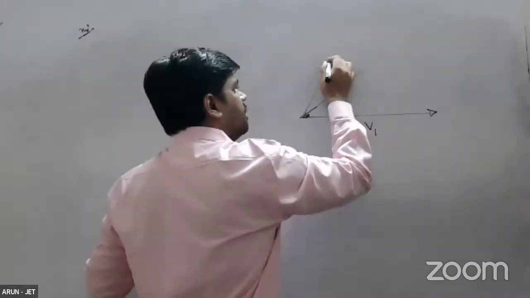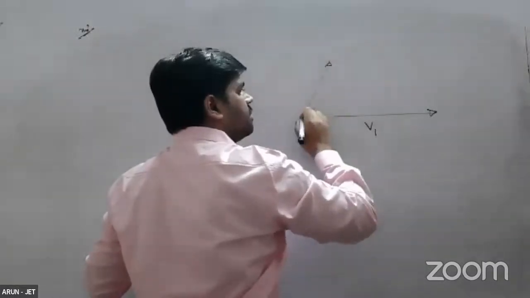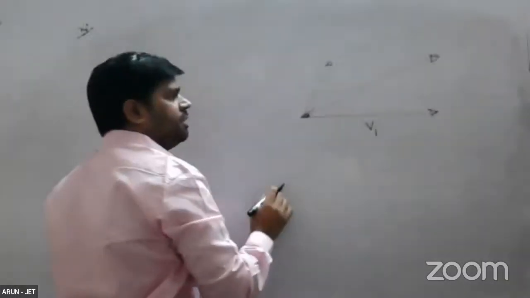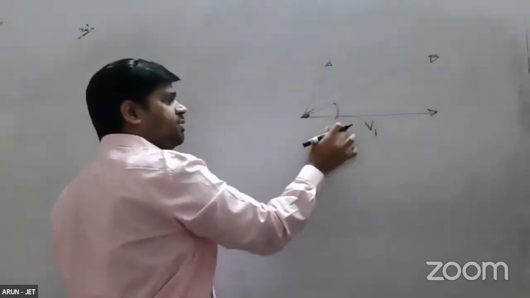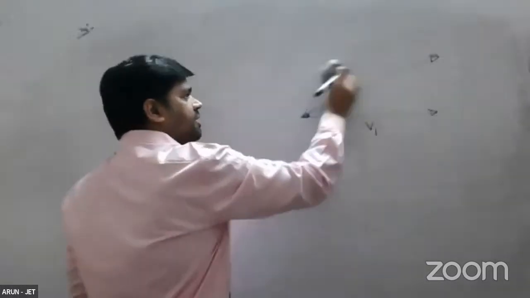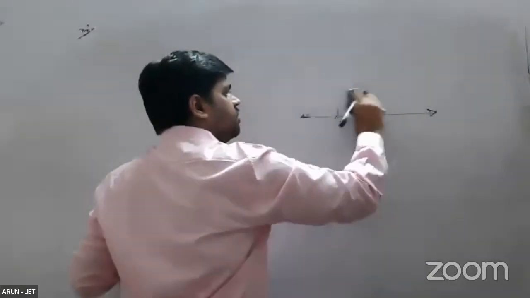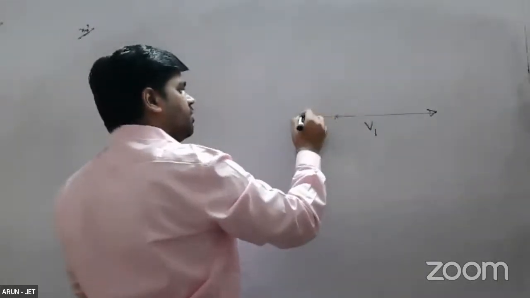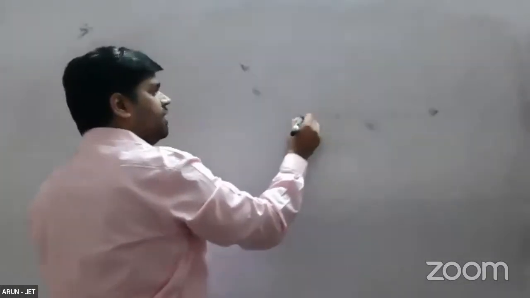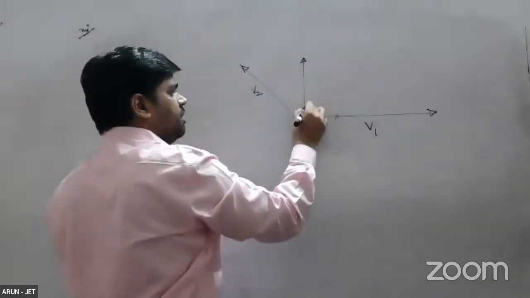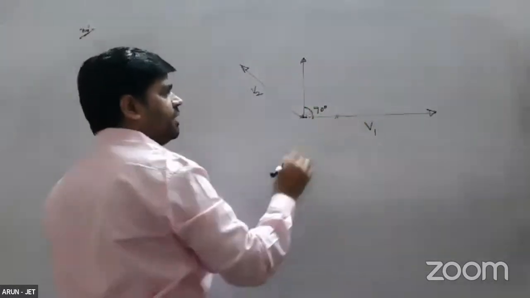But this angle is not 90. The resultant is supposed to be 90 to this one, right? That means my vector V2 should be at an angle of more than 90. Only then can my resultant be perpendicular to V1. Is this clear?